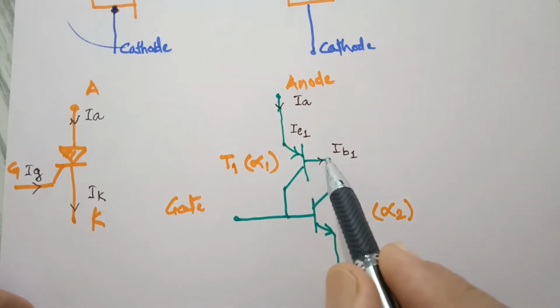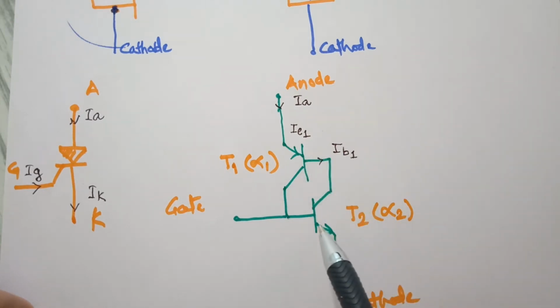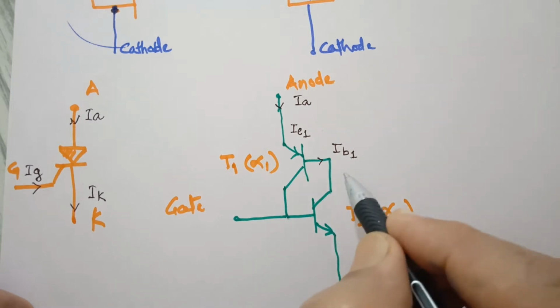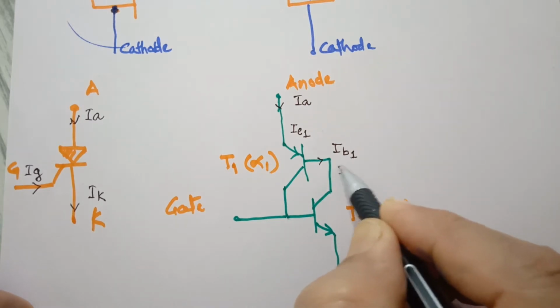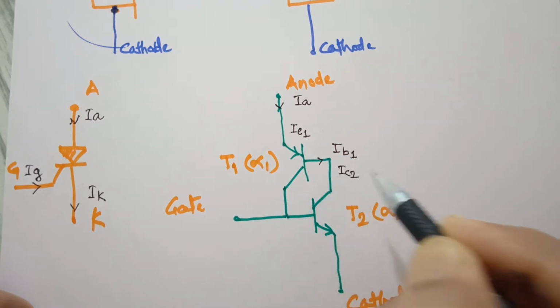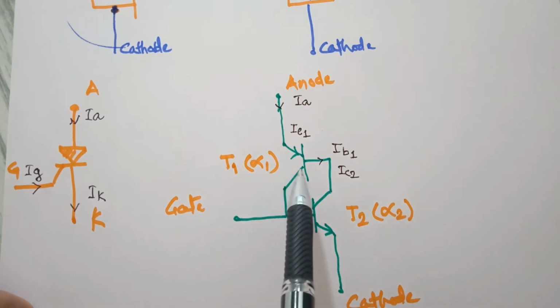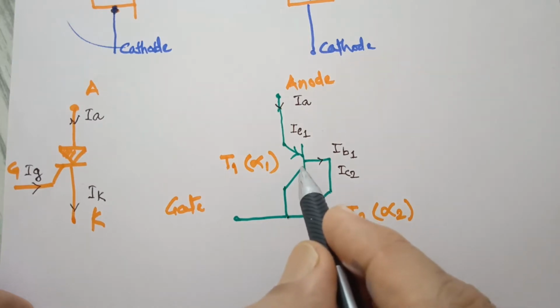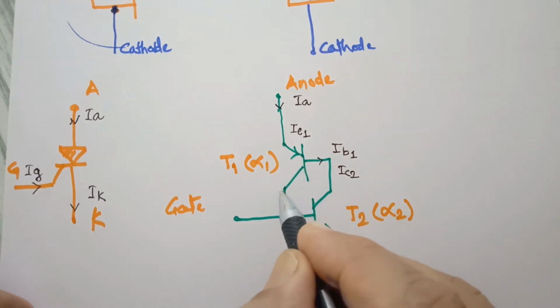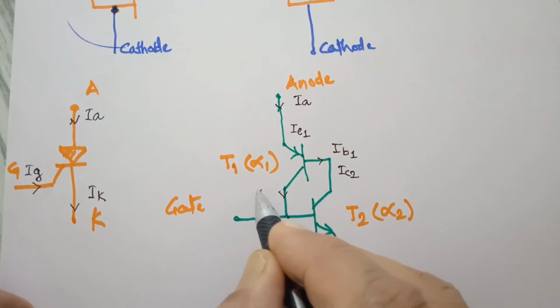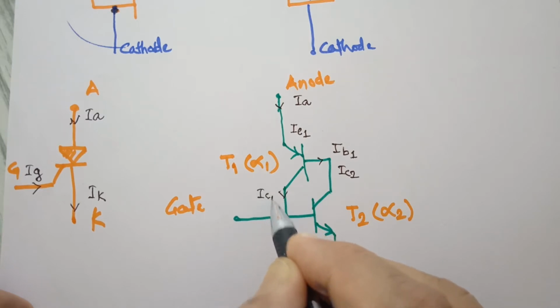Look at this: the base of the first transistor is connected to the collector of the second, and therefore this is IC2. Here also the collector of the first transistor is connected to the base of the second transistor, and therefore the collector current here is IC1.